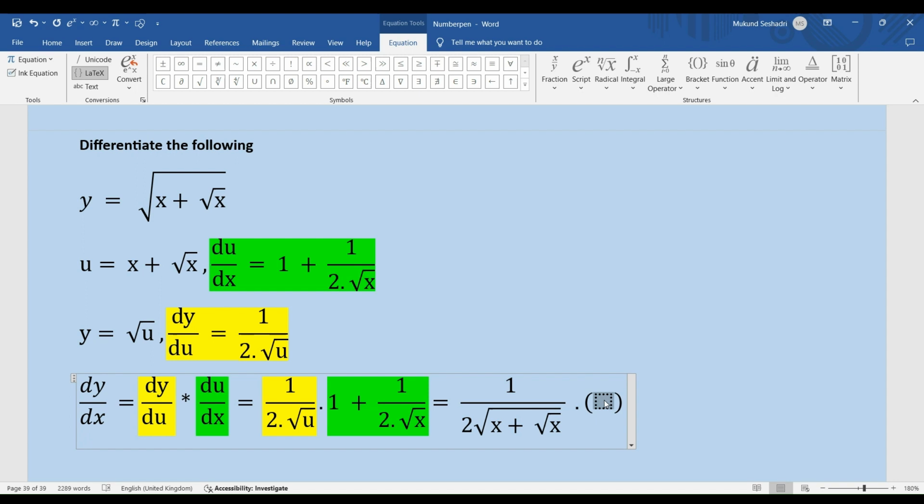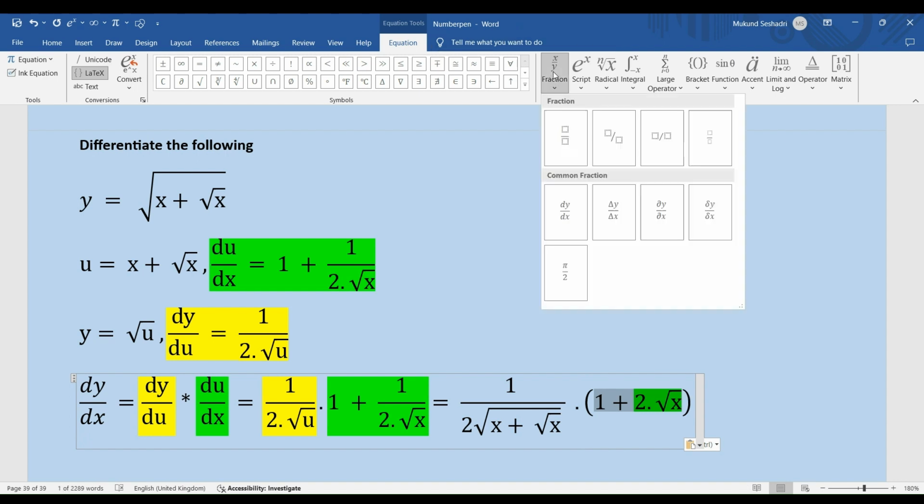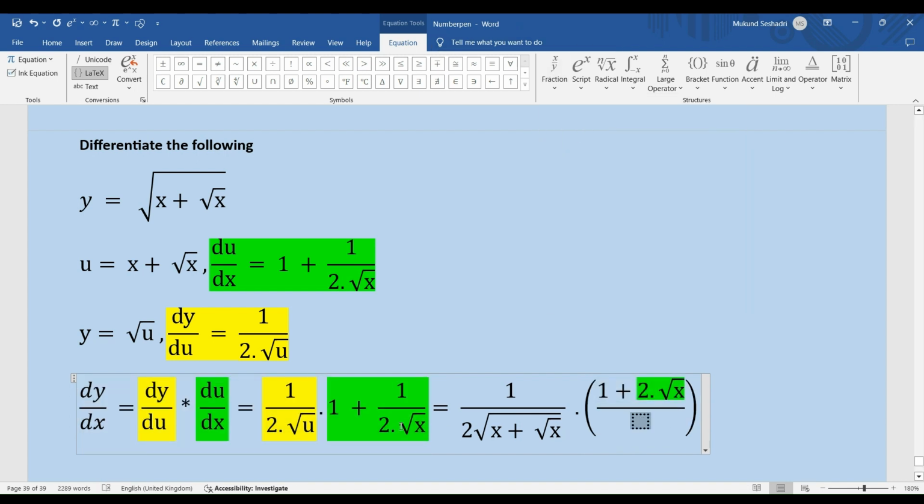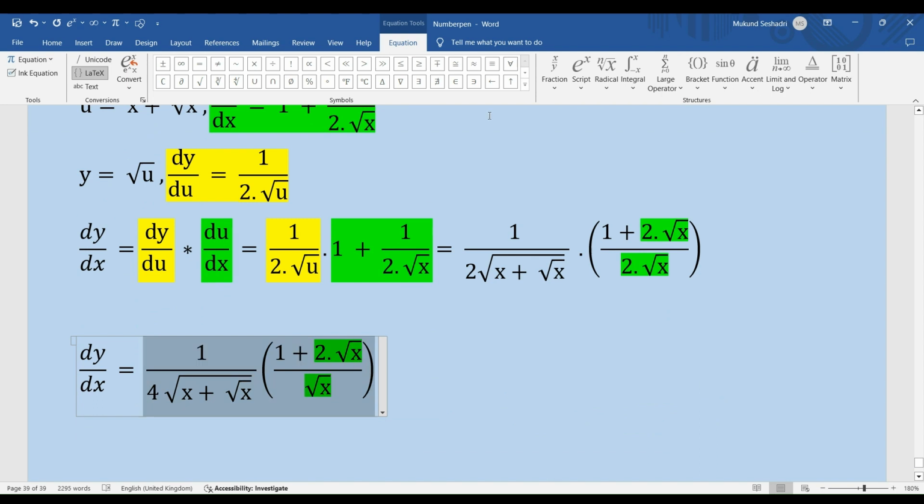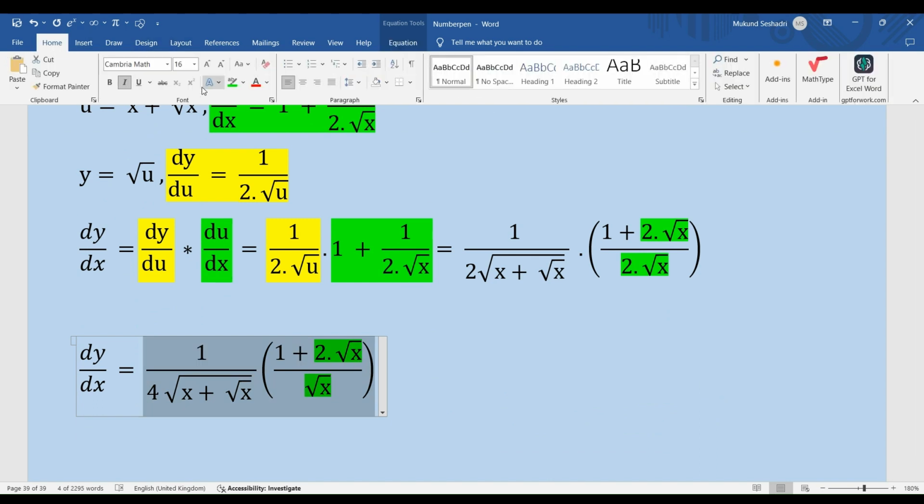So I rewrite this as 1 plus 2 root x divided by 2 root x, right? So there we have what we want. So that's my final answer.